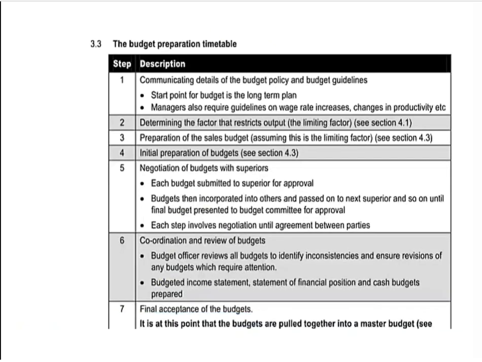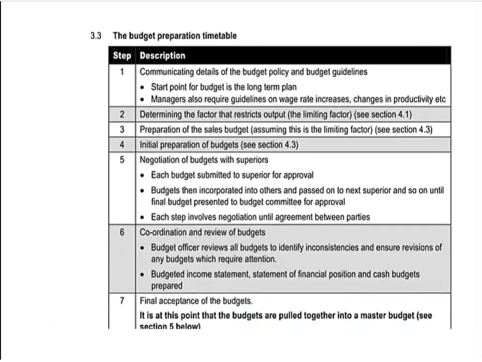Here then we've got an overview of the budget preparation timetable. So thinking about the different steps that are involved in pulling together a master budget. So all of the things that are needed to make a master budget. And this overview of the budget timetable very much provides a signpost really for the chapter.